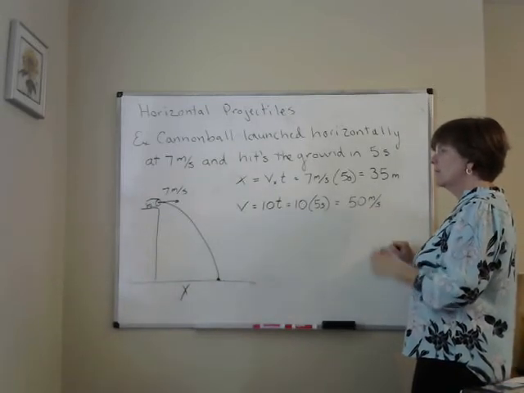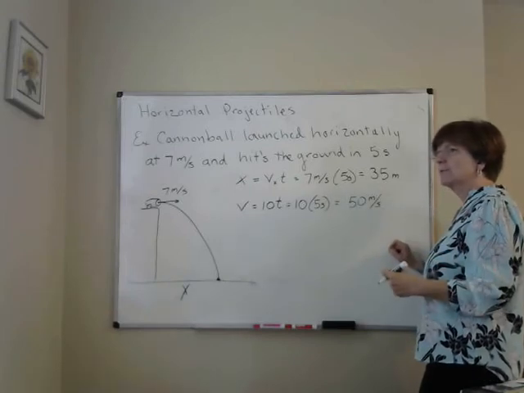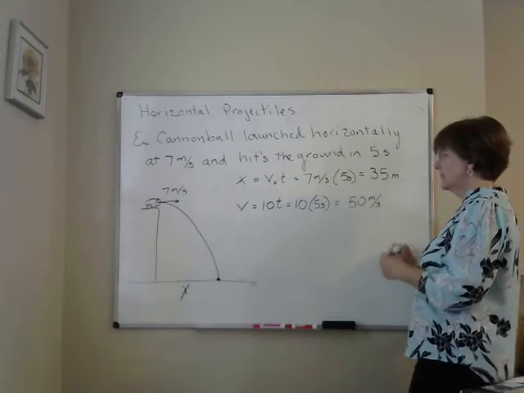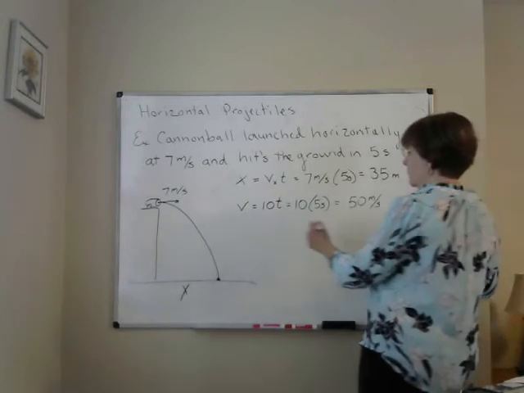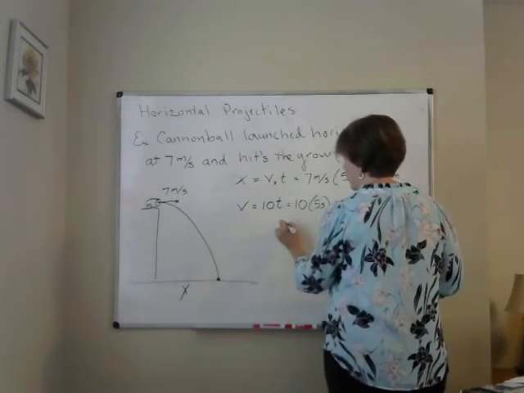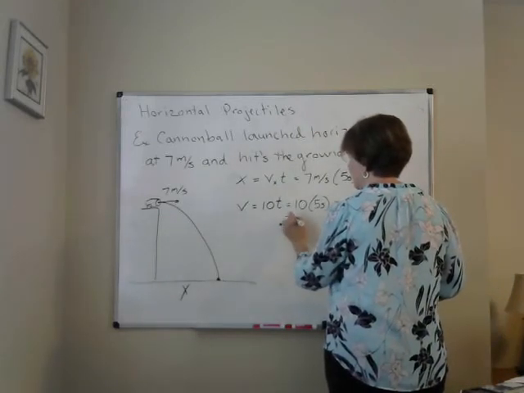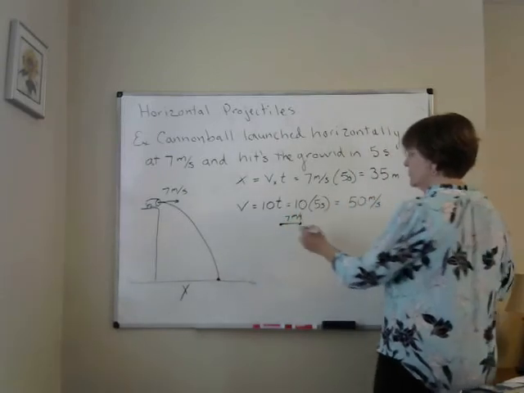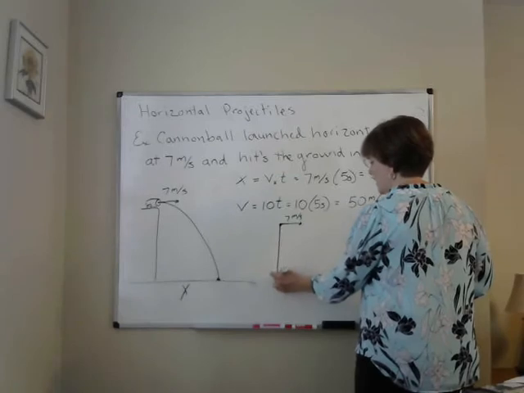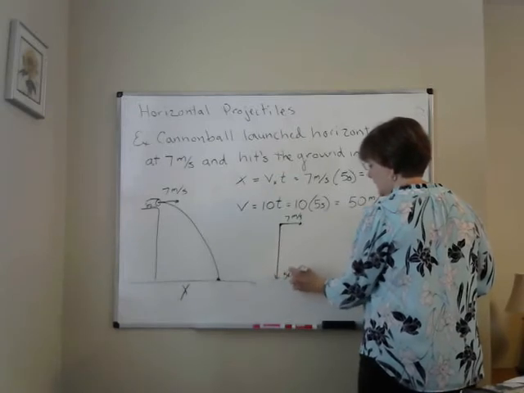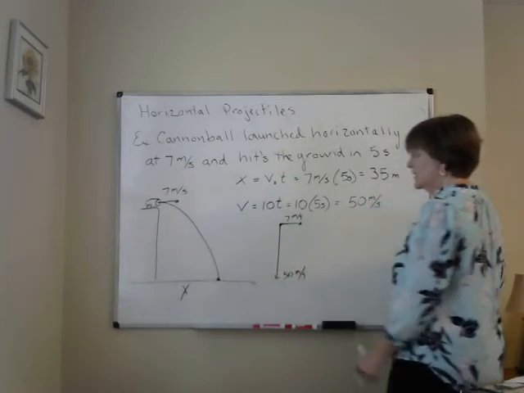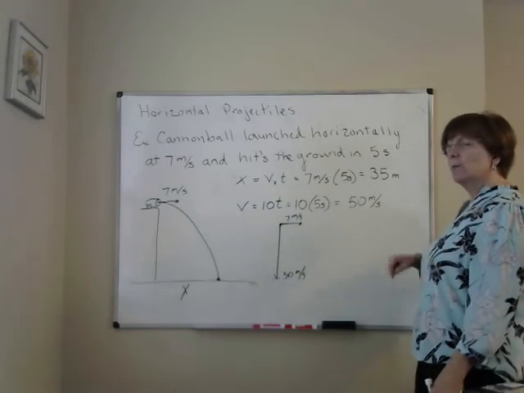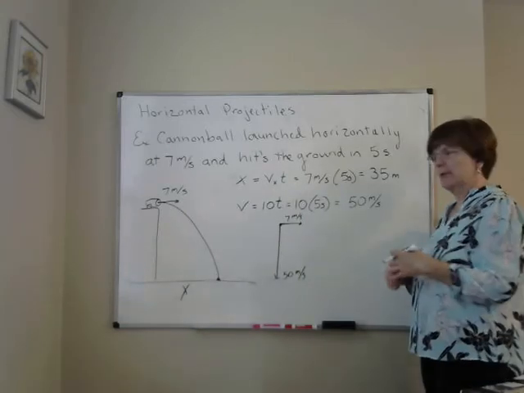Now, when it hit the ground, it had horizontal speed and vertical speed. When it hit the ground, it was going 7 meters per second sideways because that never changed. And it was going a whole lot faster, 50 meters per second, straight down. If I really want to know how fast that is, I have to use the Pythagorean theorem.